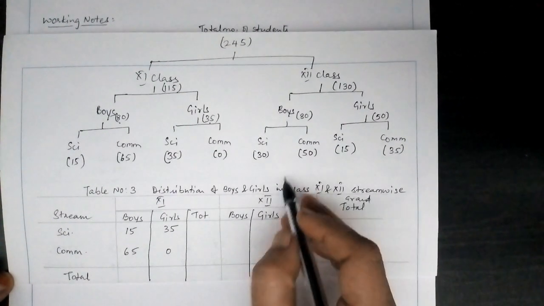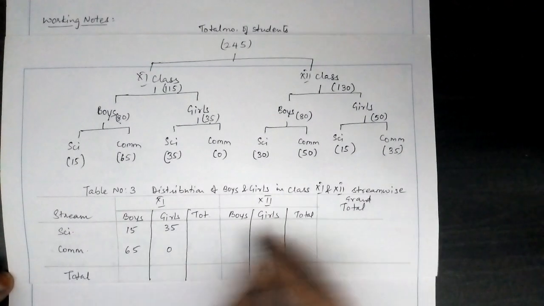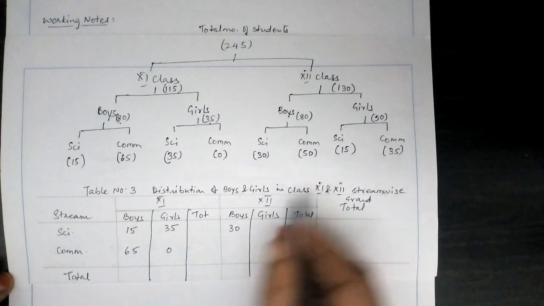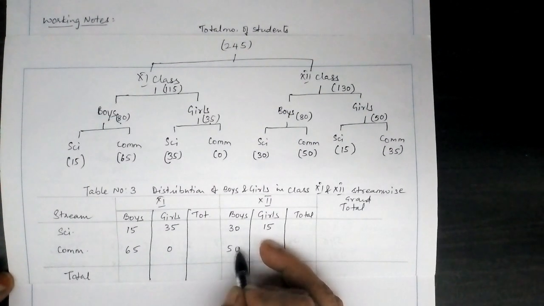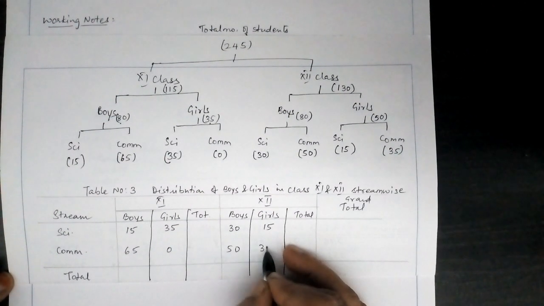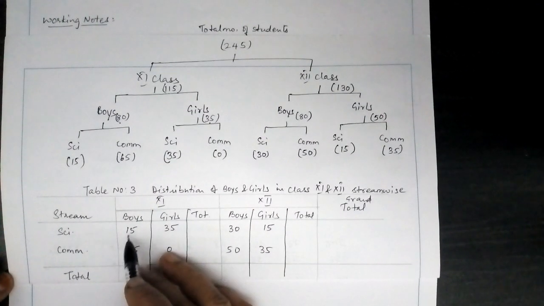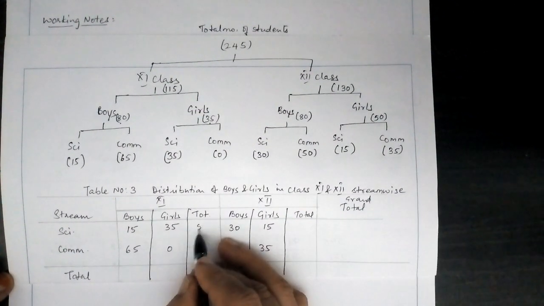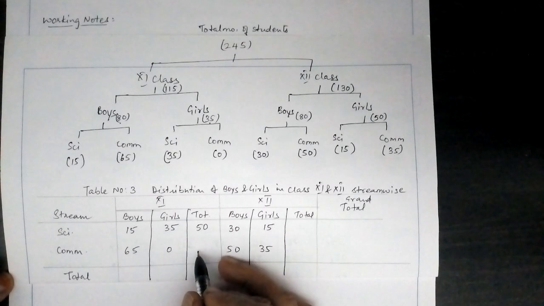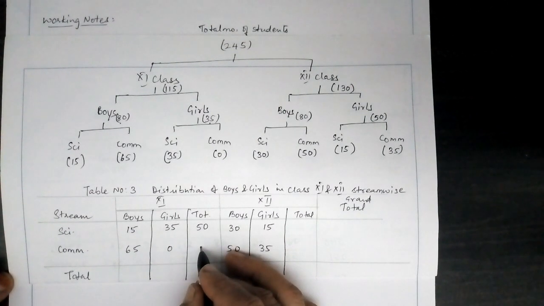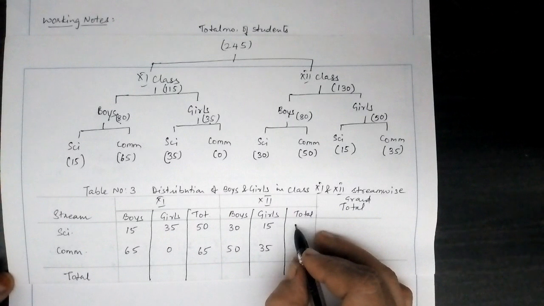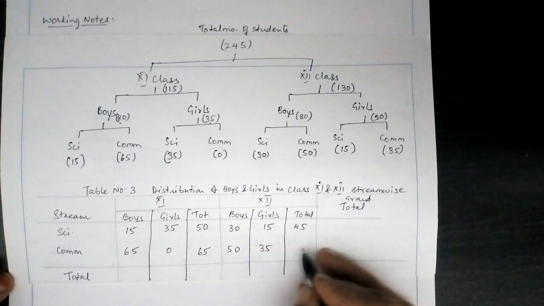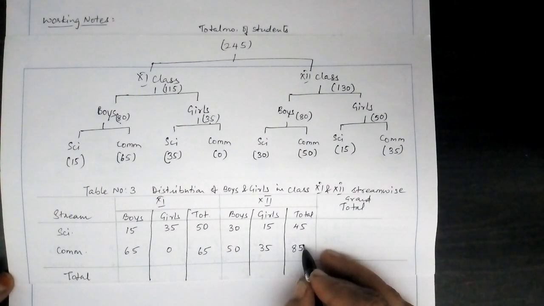Then in class 12 we have science stream boys 30 and science stream girls 15, commerce stream boys 50 and commerce stream girls 35. So let's total them up. 15 plus 35, 50, and 65 plus 0 is 65. Is it 65? Commerce? Yes, 65. Then 30 plus 15, 45, and 50 plus 35, 85.